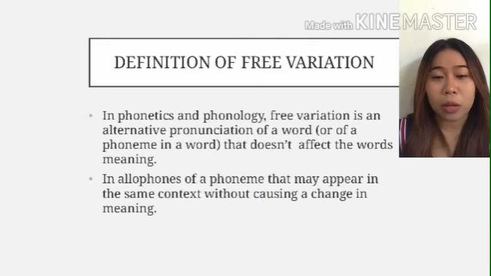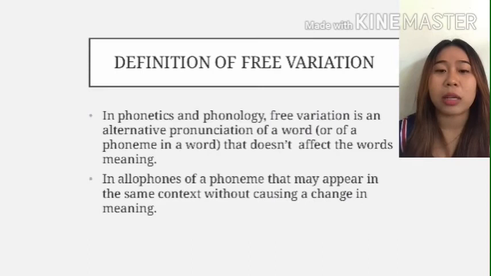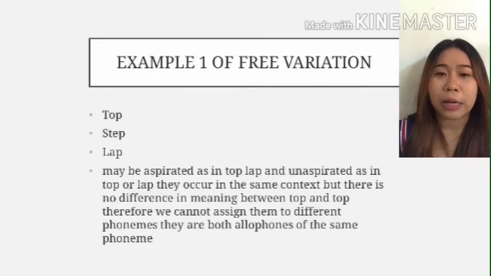Allophones of a phoneme that may appear in the same context without causing a change in meaning are called free variants. For example, in English, final plosives as in top, step, or lap may be aspirated, as in top and lap, or unaspirated, as in top or lap.